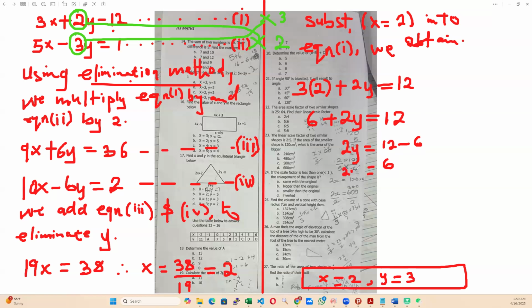So you have 2y. So therefore, y is equal to 6 over 2, which is 3. All right? Are we together? Yes. Going to now subtract.